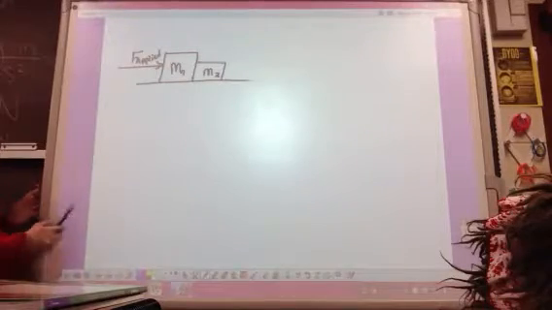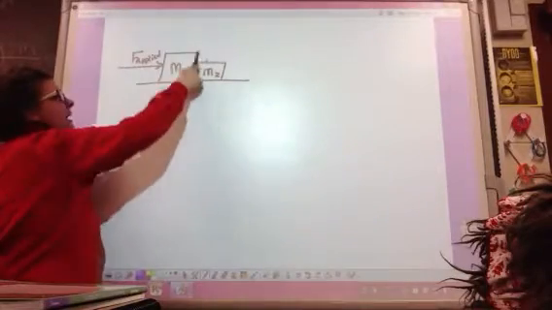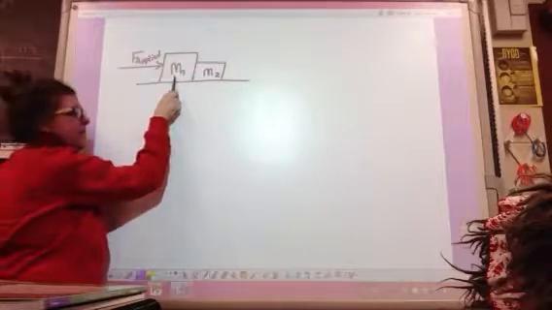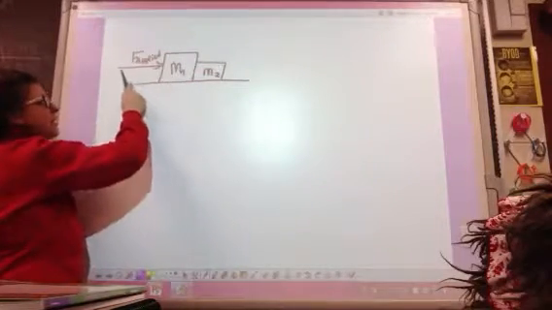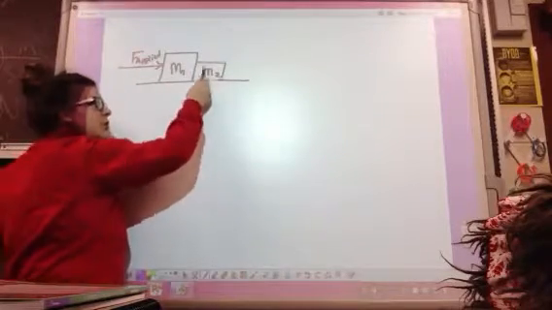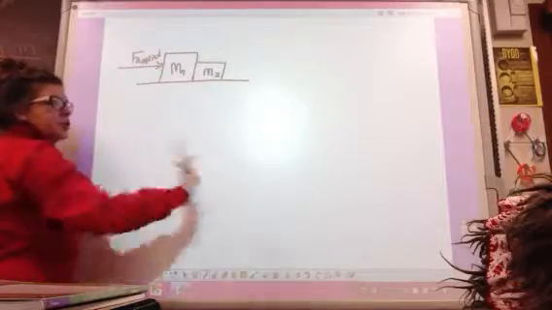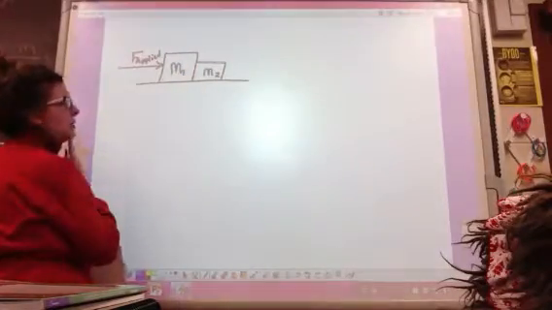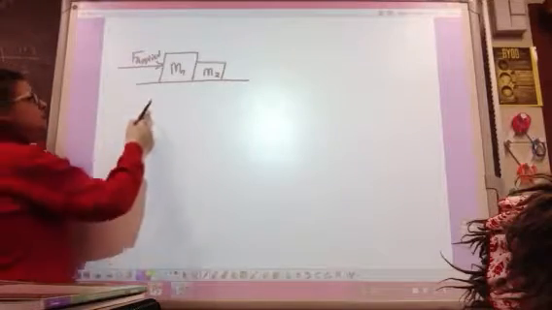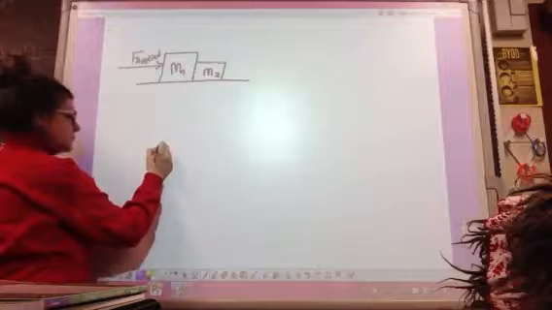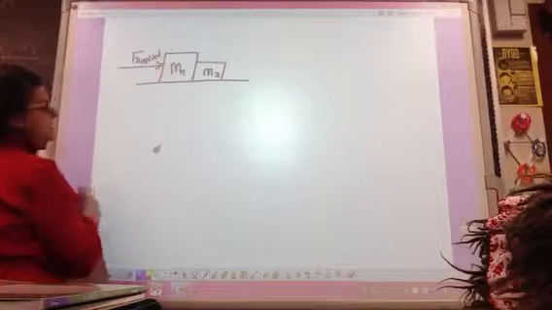So I know if I look at the forces acting on mass number 1, because this force is being applied to mass number 1, which means if mass number 1 is going to move, it's also going to move mass number 2 because of this contact force between those two blocks. So let's draw a free body diagram of mass number 1.